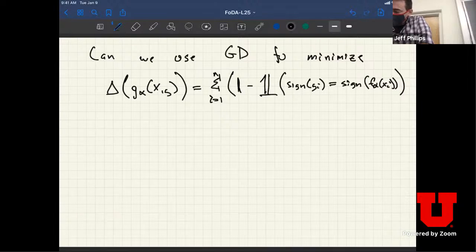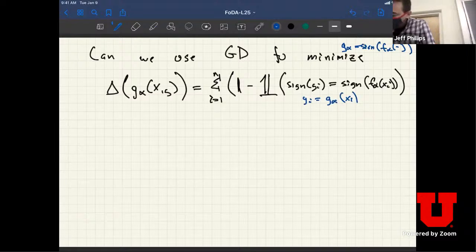Maybe simpler, yi is equal to g alpha of xi, where g alpha is equal to the sign of f alpha. Okay, so this is what I'd like to do.